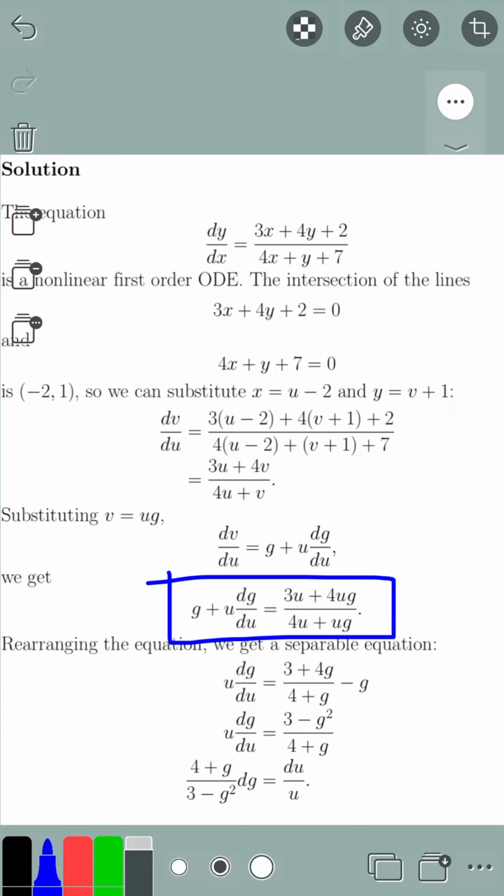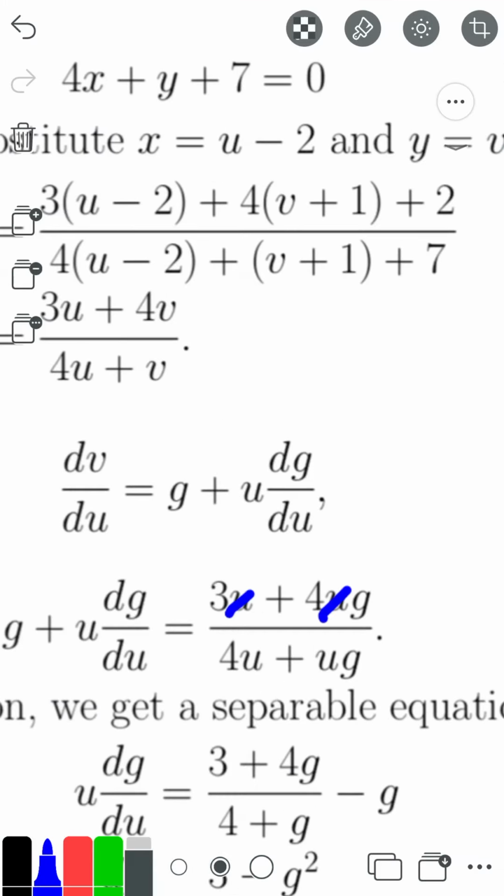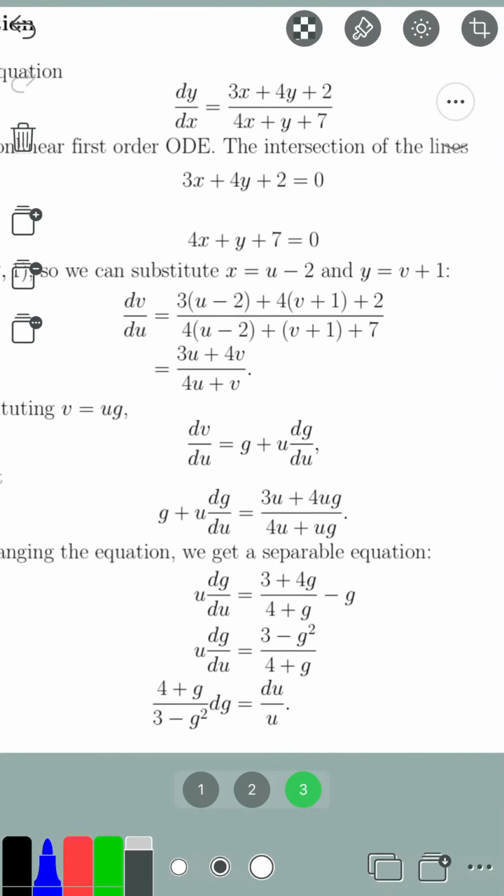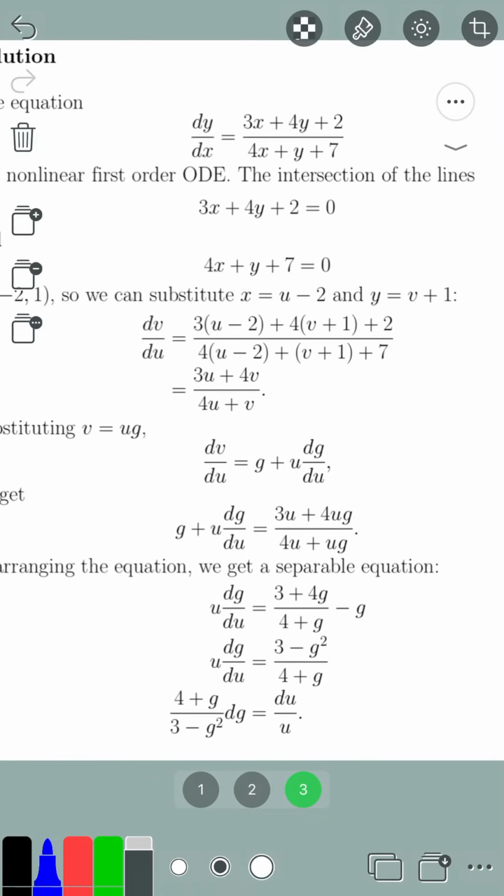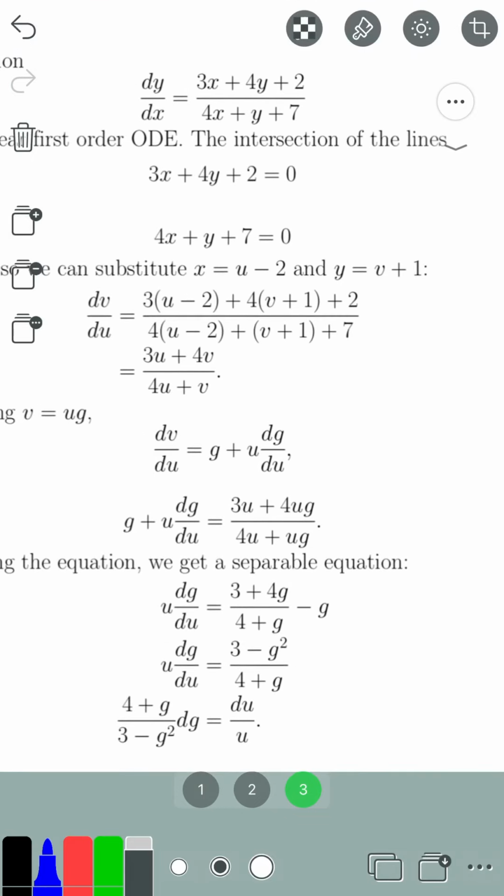g plus u times dg over du is equal to 3u plus 4ug over 4u plus ug, because v is equal to ug. And you can see that the u will cancel out. Then subtracting g from both sides, simplifying, rearranging, dividing both sides by u, and dividing both sides by 3 minus g squared over 4 plus g.